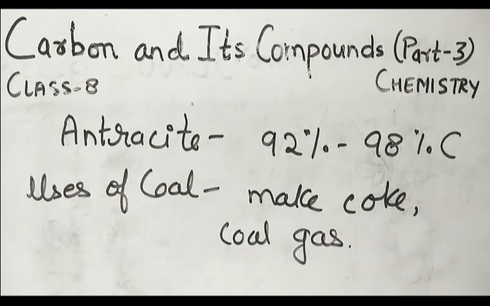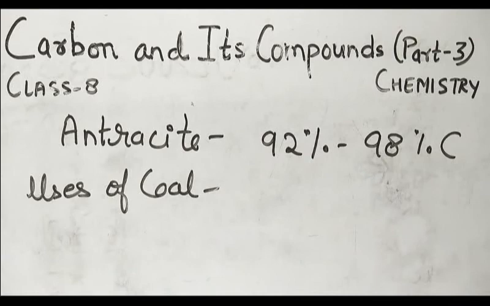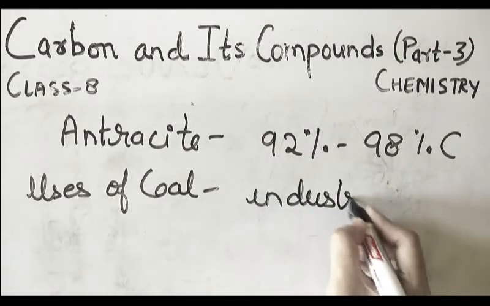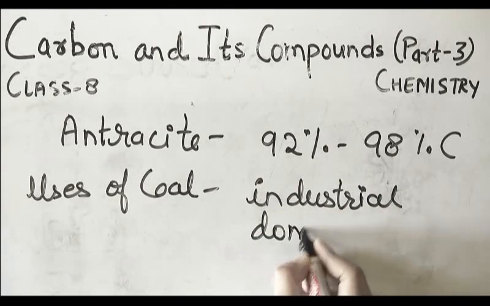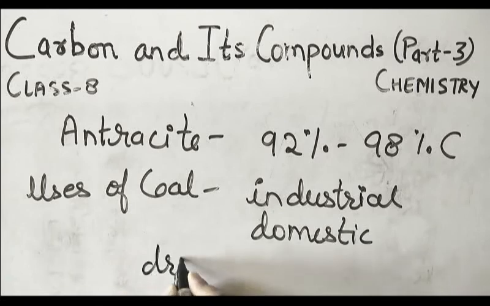That means the different forms of coal are utilized for making coke and coal gases. It is also used for industrial and domestic purposes. Okay, it is also used for making drugs, textiles and furniture.